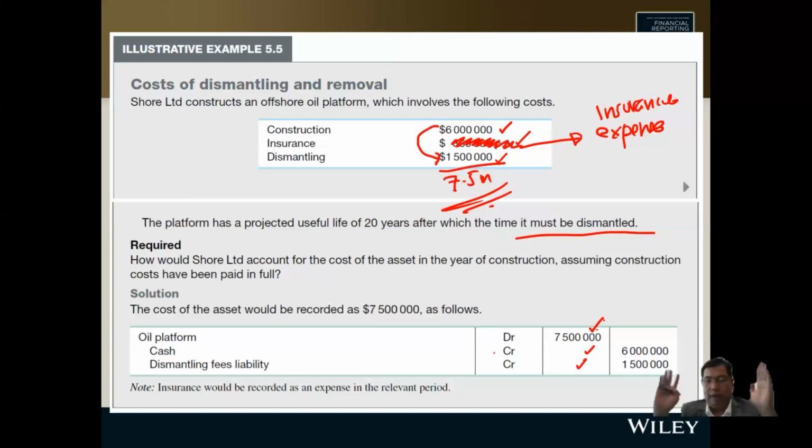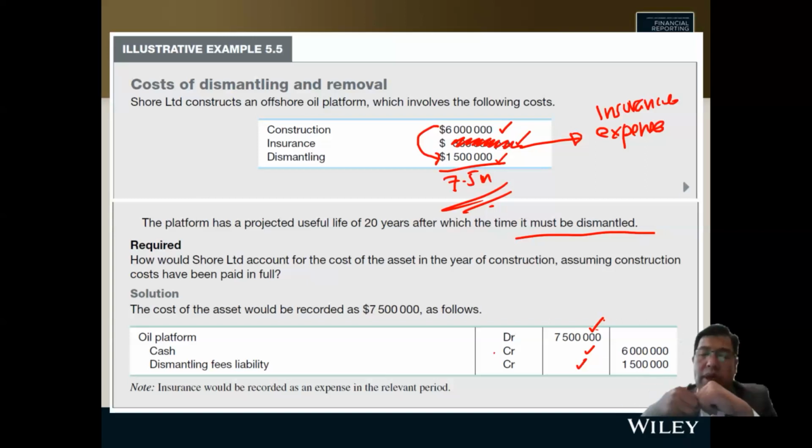Let me repeat it. In this example, Shaw Limited constructs an offshore oil platform that can be used for 20 years. The insurance cost of 300,000 cannot be recognized as part of the cost of PPE because its nature is an annual or recurring expense.